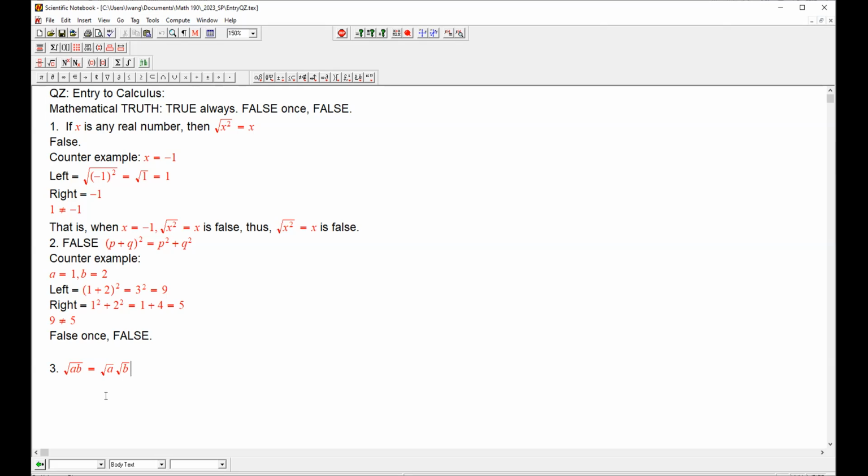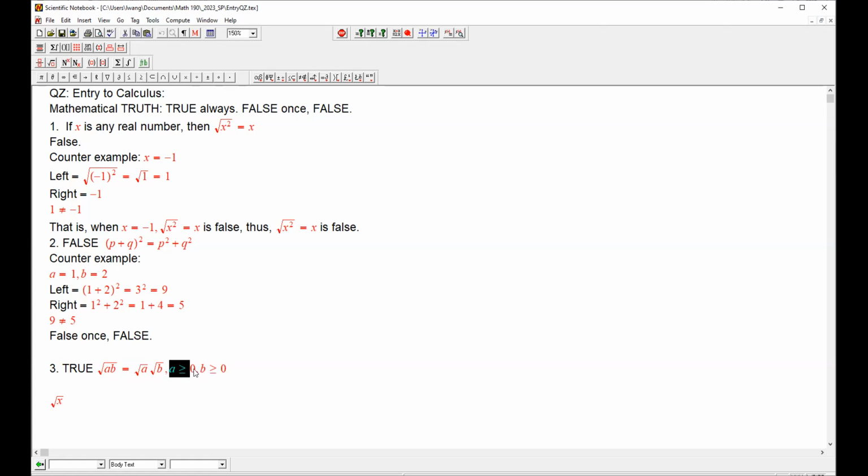In this case, we assume A and B are from the domain of the function f of x equals the square root of x. That is a true statement. The values we imply for A and B are that A is greater than or equal to 0, and B is greater than or equal to 0.